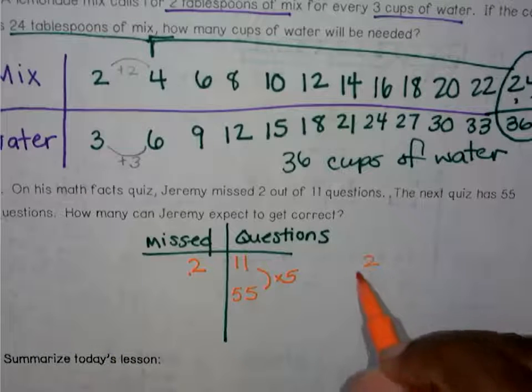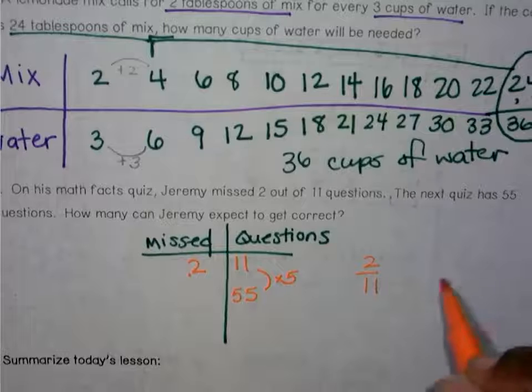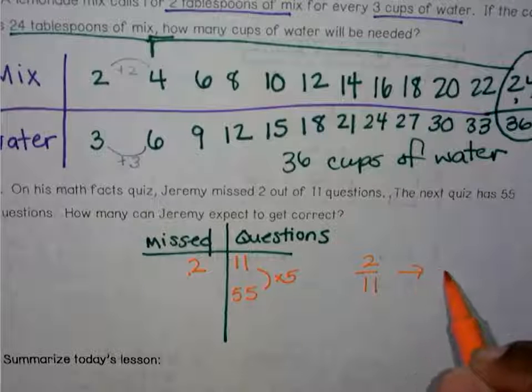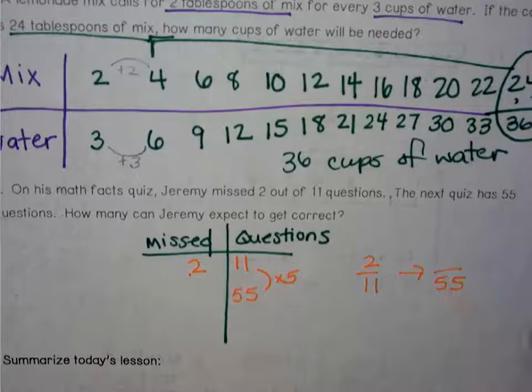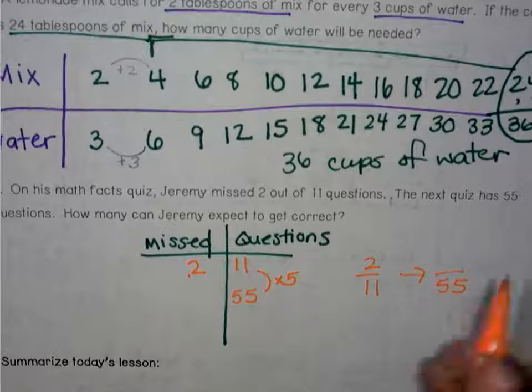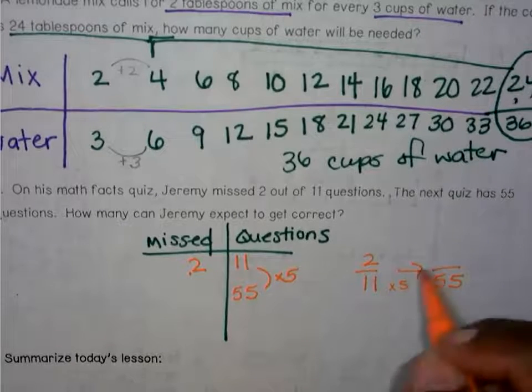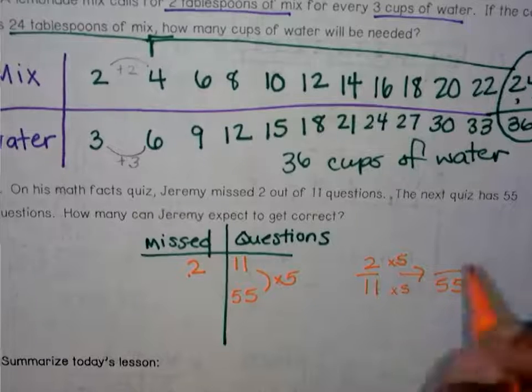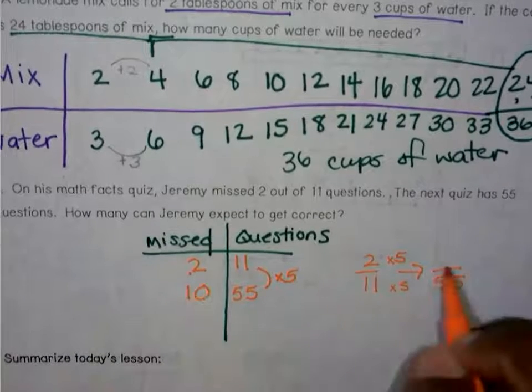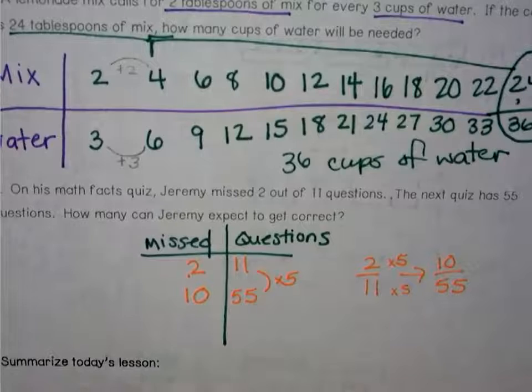So you have 2 over 11 to get to 55, right? So if this was times 5, you can bet that he's going to miss 5 times more. So he would miss 10 questions, right? Because 2 times 5 is 10. That will complete the ratio.